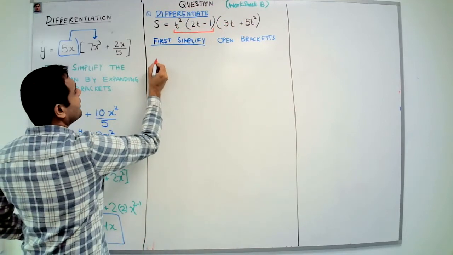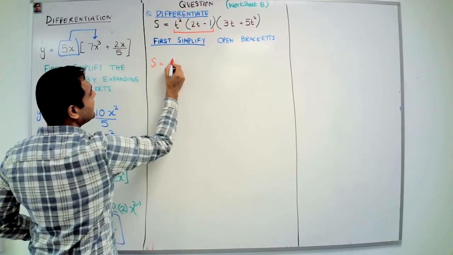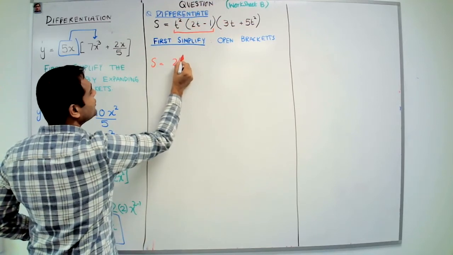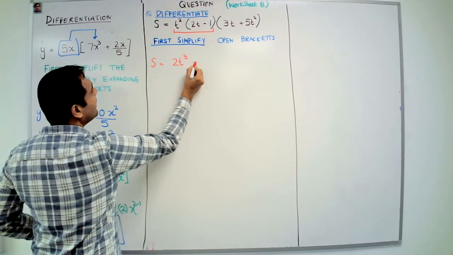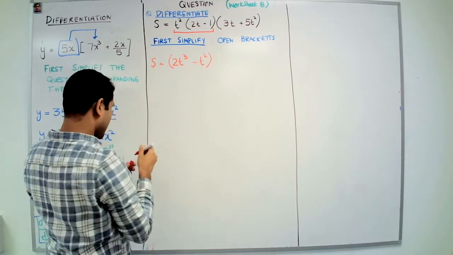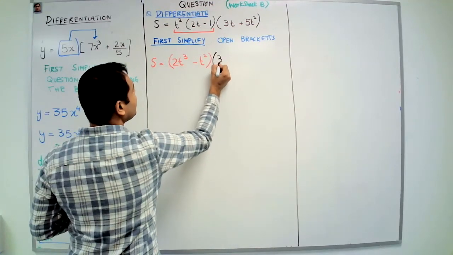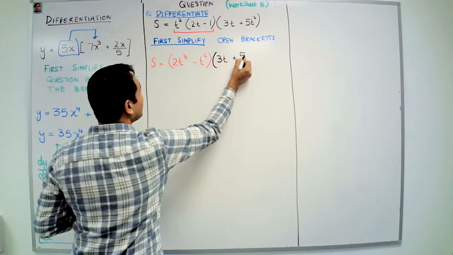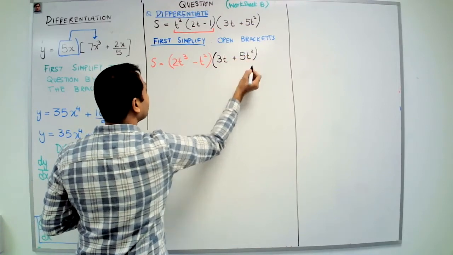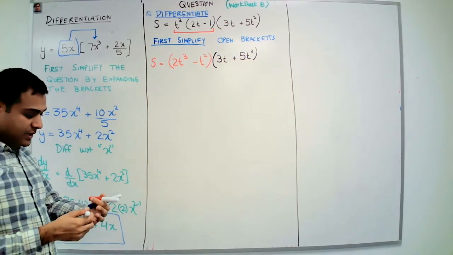So if I simplify the bracket, that becomes t squared times 2t is 2t cubed minus t squared. That's that one. The other thing in black remains the same: 3t plus 5t squared. Now we use the foil method or smiley face method.